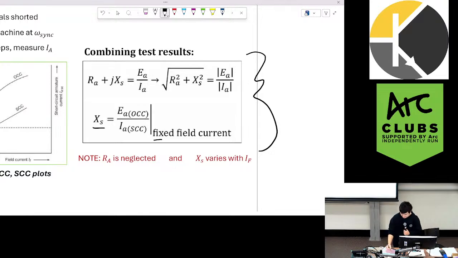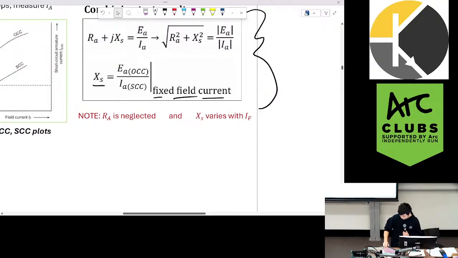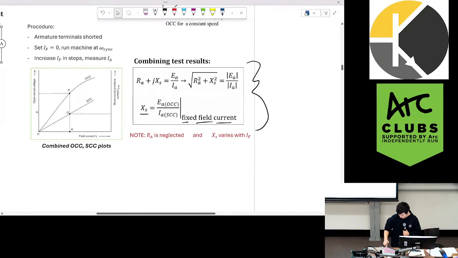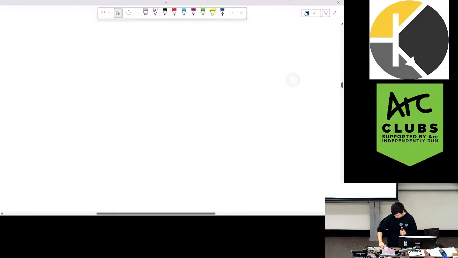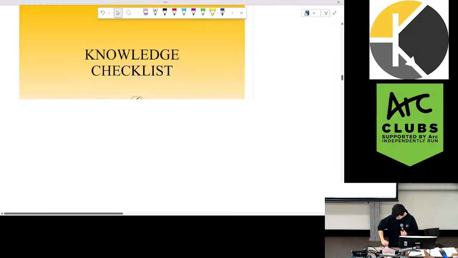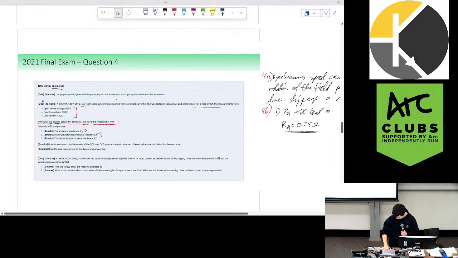Note that this is for a fixed field current, so for the same field current of 10 amps we get these two measurements. It's a very important thing to consider, because we need to make sure we're gathering data from the correct points. Now, if we run back to the question, here we are.